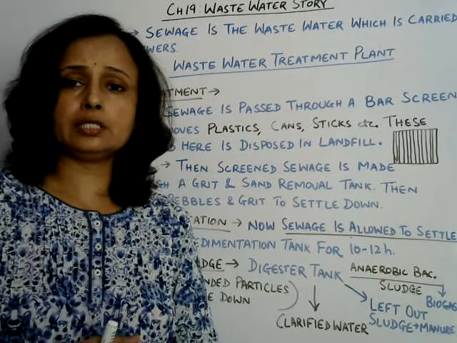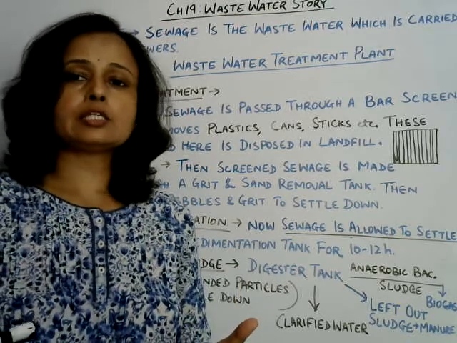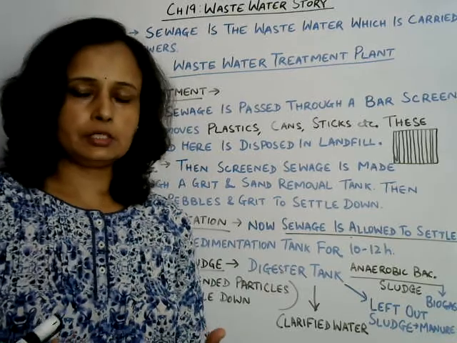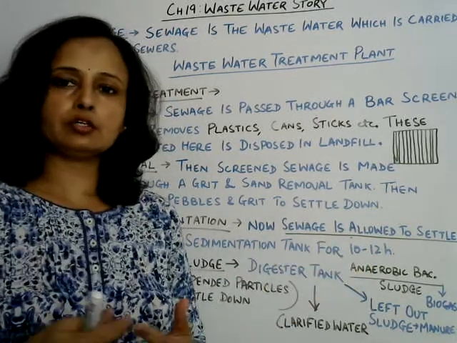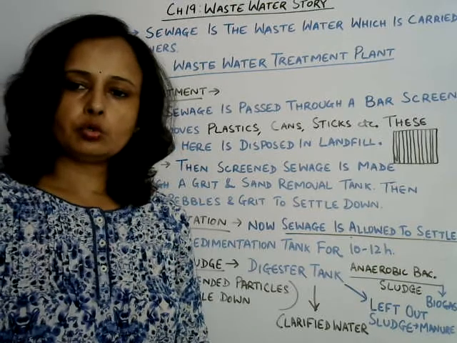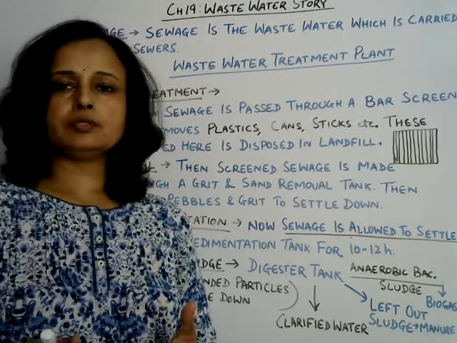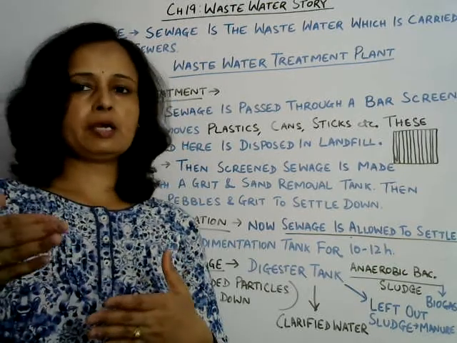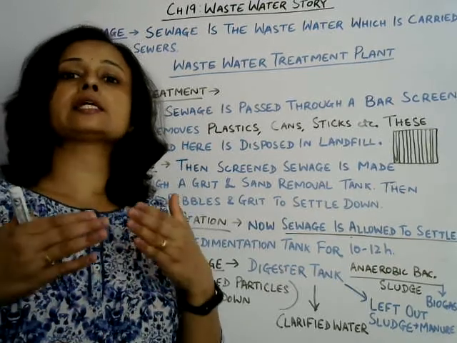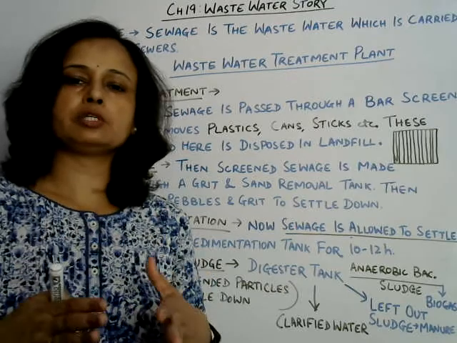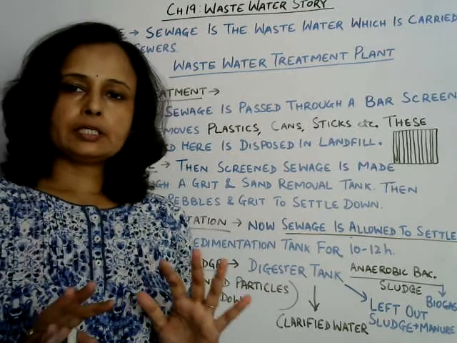Even for cooking, a gas stove can use it, and by using this biogas we can cook things. So this is the use of sludge. After treating by anaerobic bacteria, biogas is produced, that is utilized as a fuel. Clear?